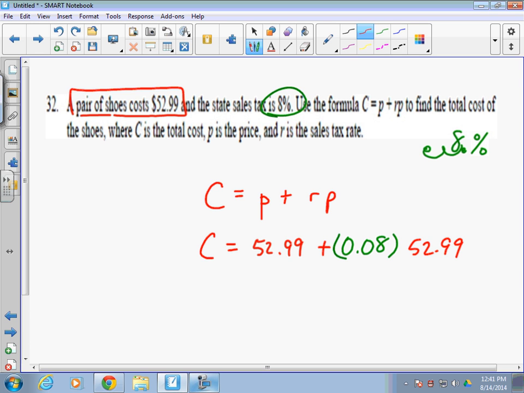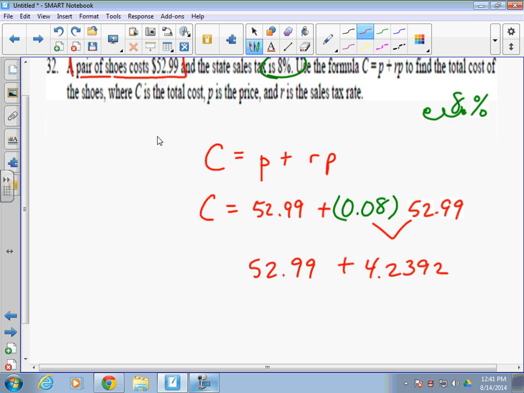So again, you do your multiplication first. You do 0.08 times 52.99. When you put these two together, you get 4.2392, and then you add that to 52.99 before you do any rounding at the end, because you know you're not going to go past the second digit, especially when you're talking about money.